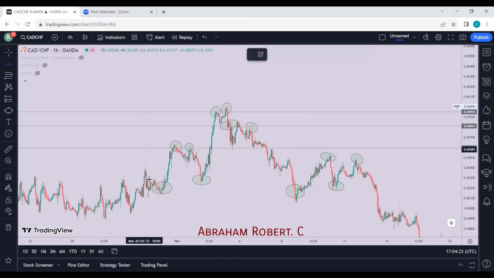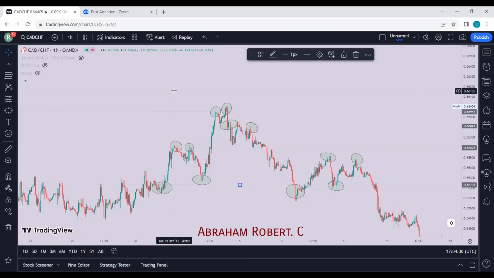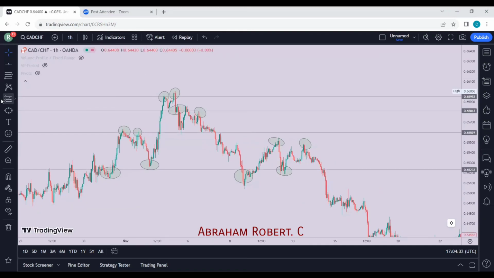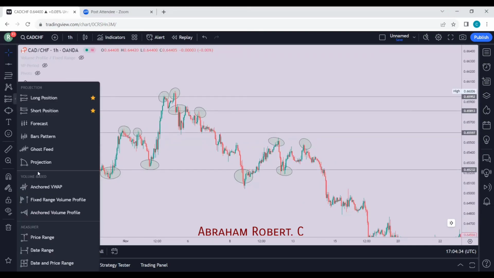Just connect the points. When you are done connecting the points, you can use a rectangular tool and make it a zone.